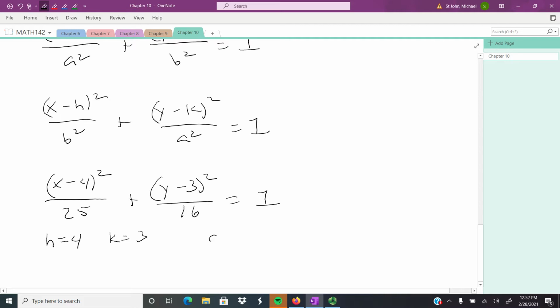We got that a squared is equal to 25, which means a is 5, and b squared equals 16, which of course means b is 4. Then c squared is going to be 25 minus 16, so c squared equals 9, which means c is 3.